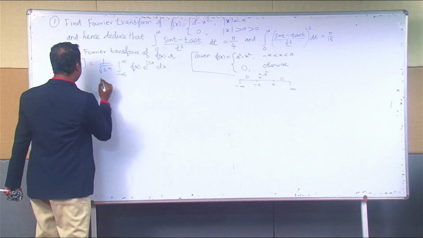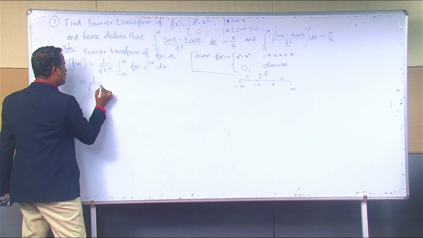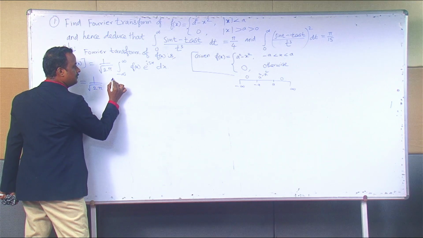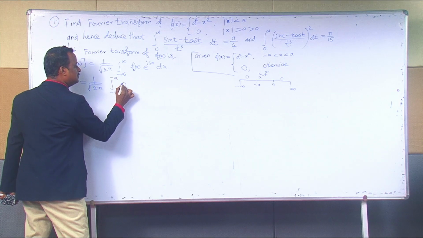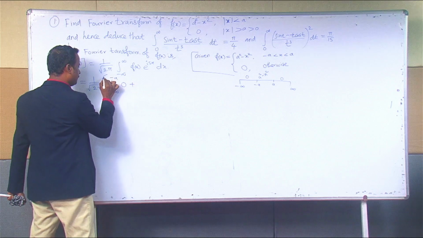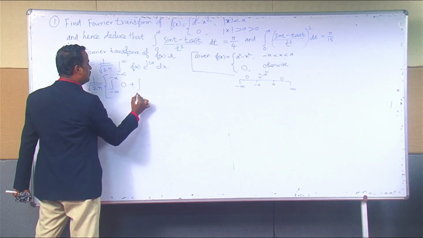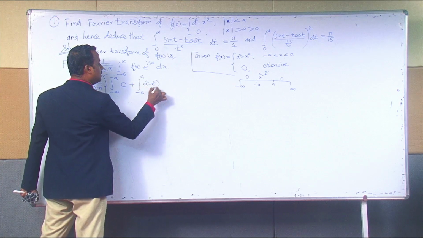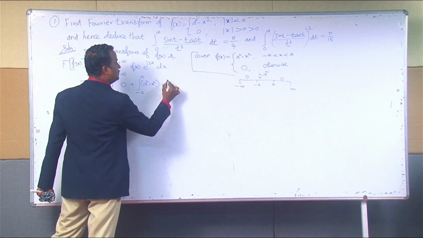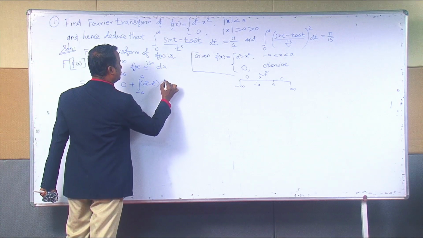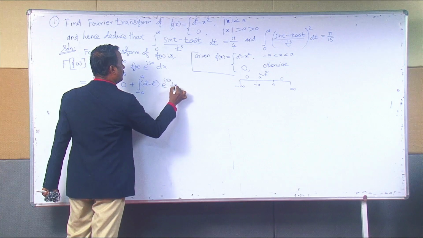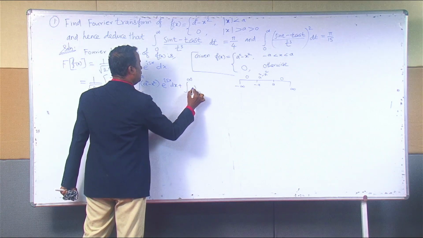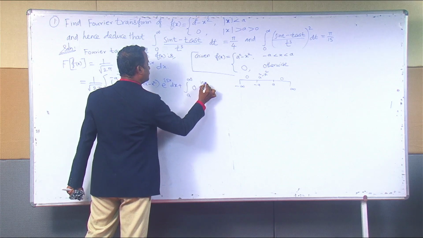Now we can write it as 1 divided by root of 2 pi, integral minus infinity to minus a, the function value is 0 here, plus integral minus a to plus a, the function value is a square minus x square e power isx, plus, in the other case, integral a to infinity 0 into e power isx dx.